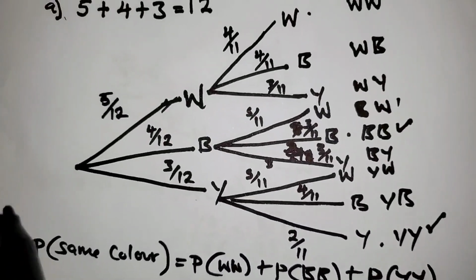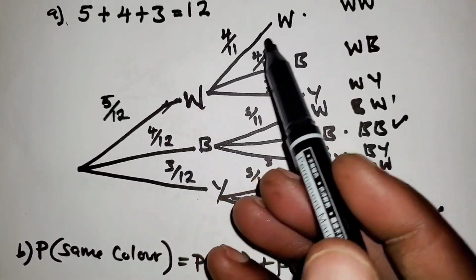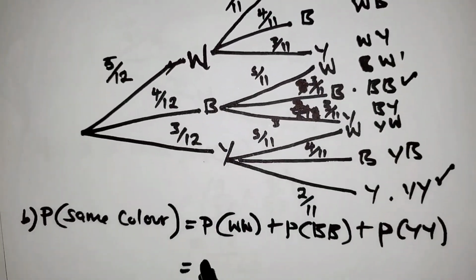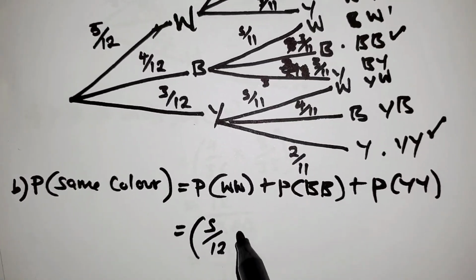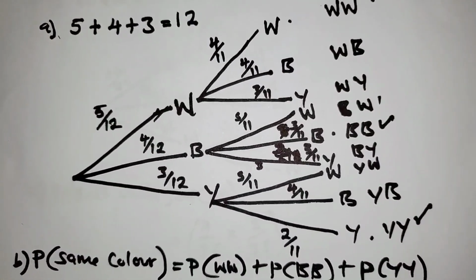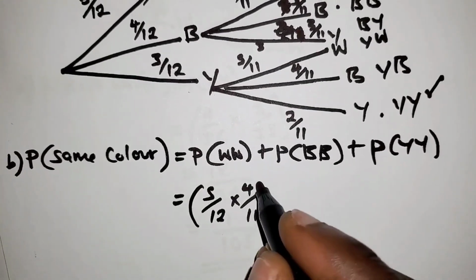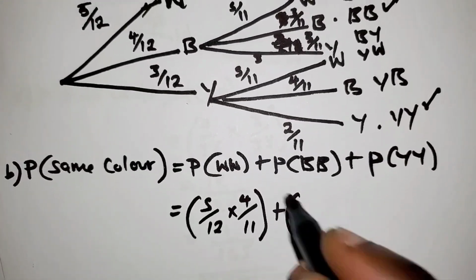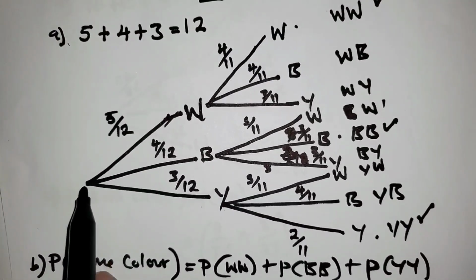So for white, you're going to get the first white from the first picking here, and then the second one from the second branch. So we're going to say 5 over 12 multiplied by 4 over 11, plus the probability from the second one, which is BB.